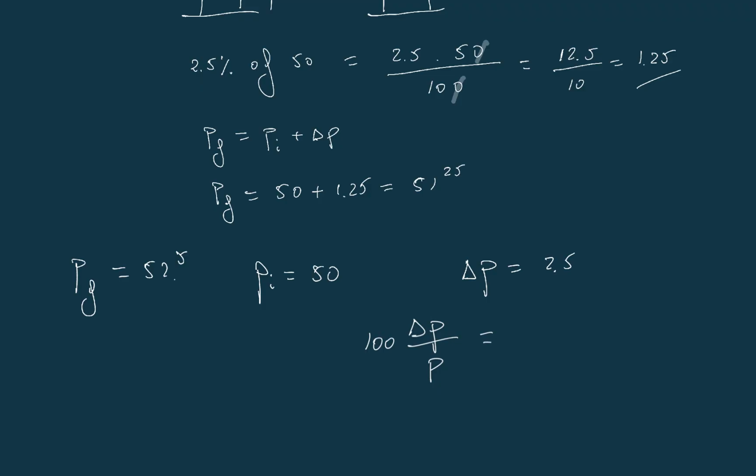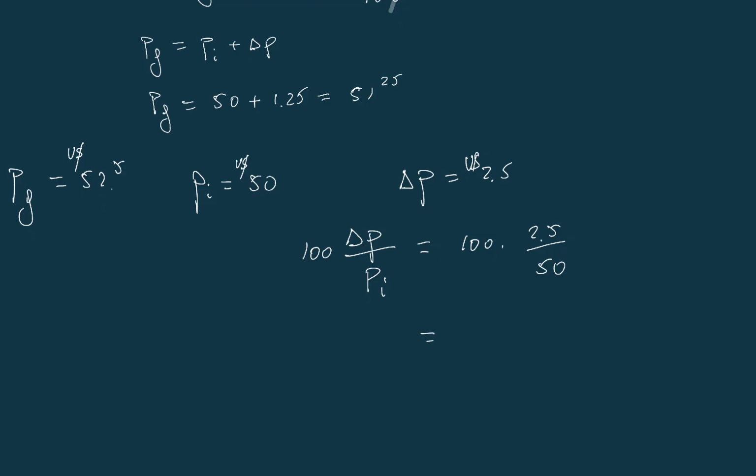The change is $2.5, in US dollars. So it's delta P divided by P initial, multiplied by 100. The change in the price is 2.5, and the initial price is 50. So it will be 100 multiplied by 2.5 is 250, divided by 50.